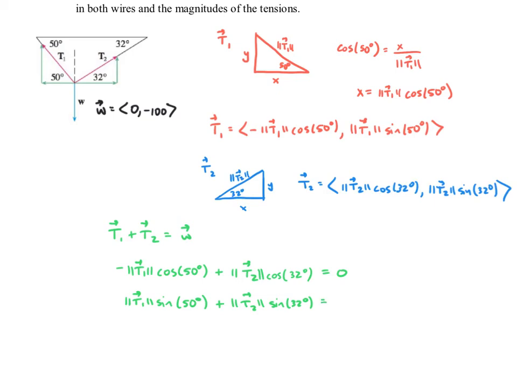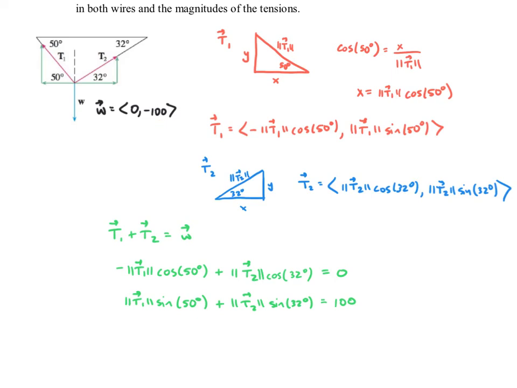Now the reason that this must equal 100 is because when we add these up, we need to make sure that we get 0 when we look at these two vectors in conjunction with the weight, because they're holding the weight, so that means that they must take that weight and support it. And so these two vectors here must have a pull upwards of at least 100 in order to balance the weight which is pulling down at 100.